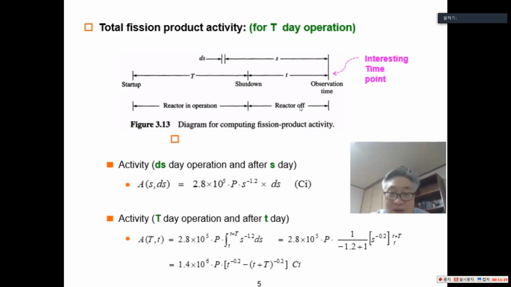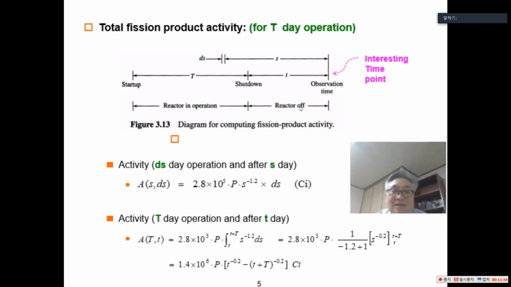So the integral comes from small t to small t plus large T. Actually, this expression is from 0 to T plus t, and another expression is from 0 to small t. So it is just subtracted. So we put together in one integral small t to T plus t. So that is the general expression for total fission product activities.